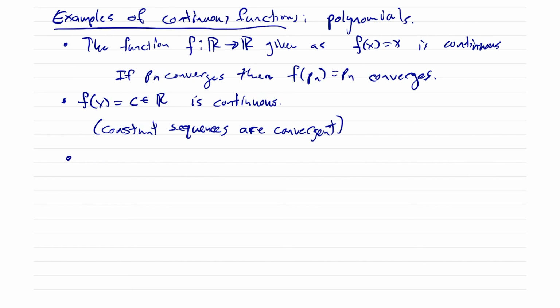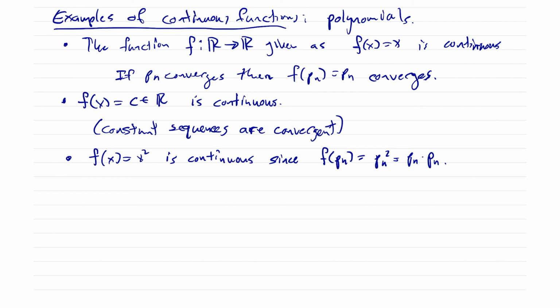We have f of x equal to x squared is continuous. And this is since f of Pn is equal to Pn squared, which is equal to Pn times Pn.